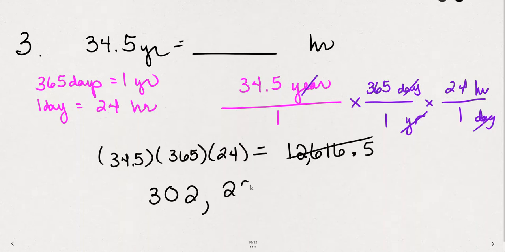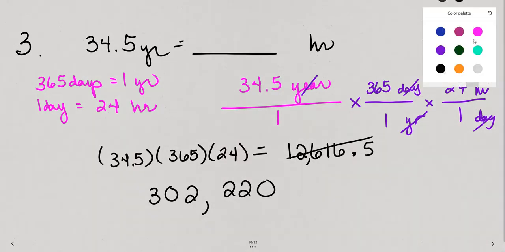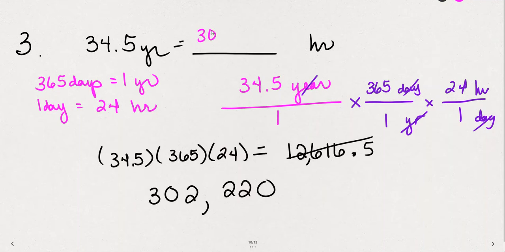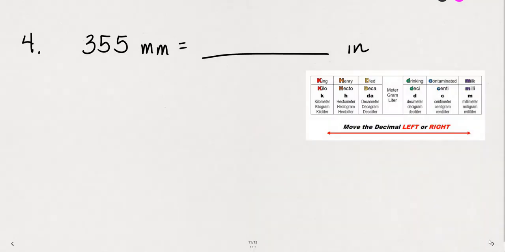And you're right with that answer. What I did was I typed in a plus there instead of times for one of them. But the right answer should be 302,220. Let me write that in here. 302,220.